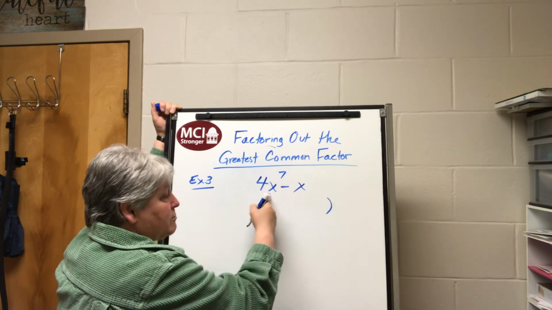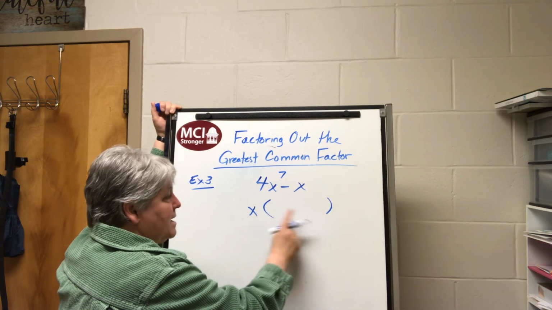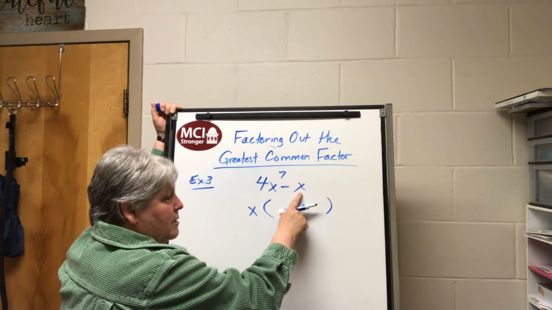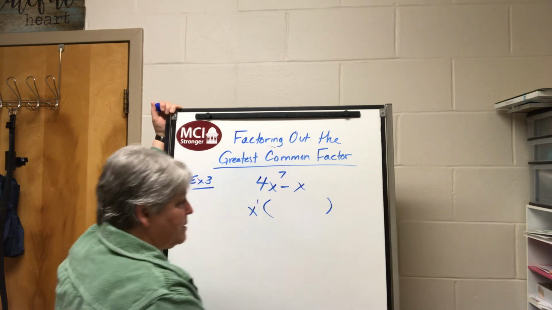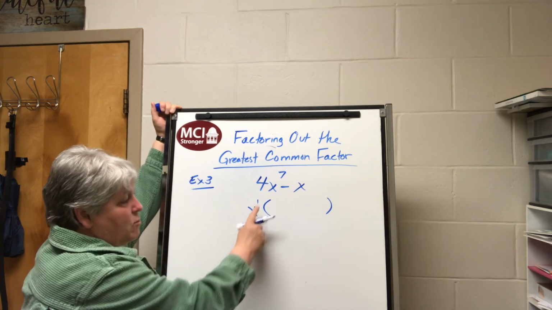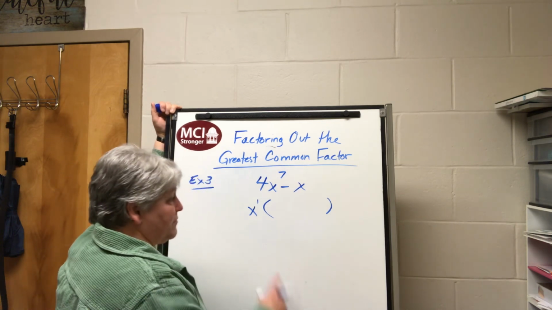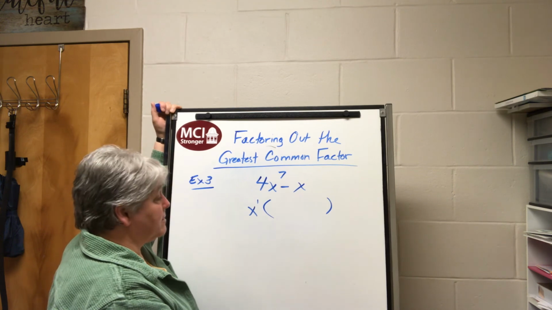However, there are x's in both terms. How many x's do I take out? I look for the term with the fewest x's, and I take out just an x to the first power here. And again, I don't usually write that one, but it's probably good until you're comfortable with this to remind yourself that an x with no exponent is really x to the first.